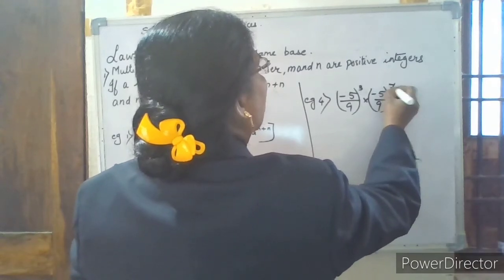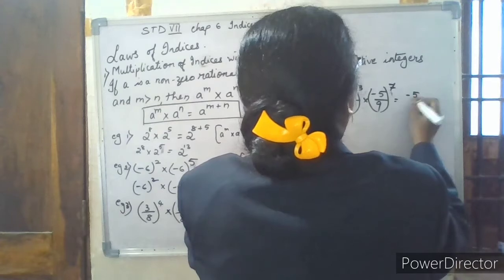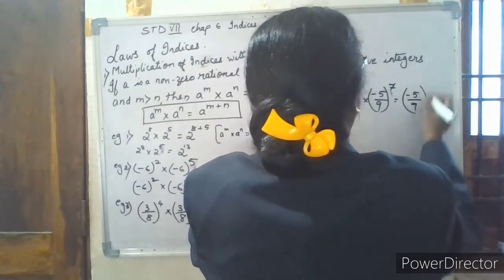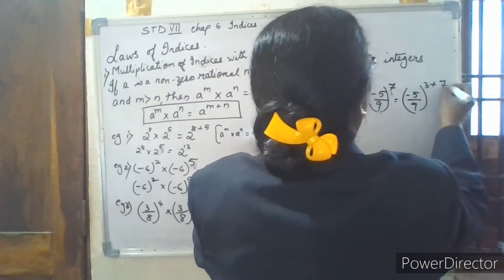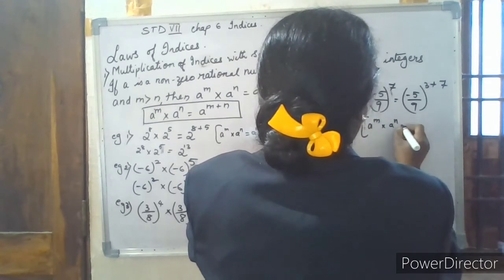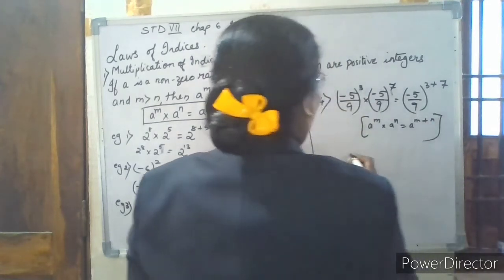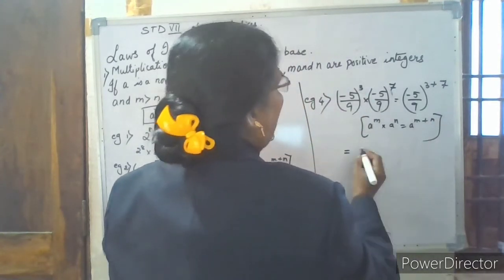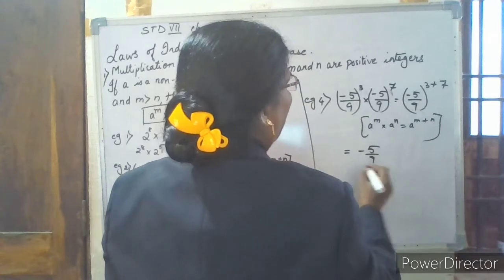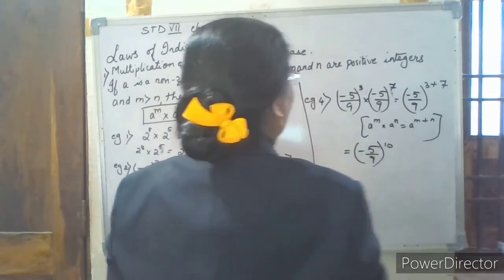Then this is equal to minus 5 upon 9 the whole raised to 3 plus 7. This is because of the law a raised to m into a raised to n is equal to a raised to m plus n. And the answer will be minus 5 upon 9 the whole raised to 3 plus 7, which is 10.